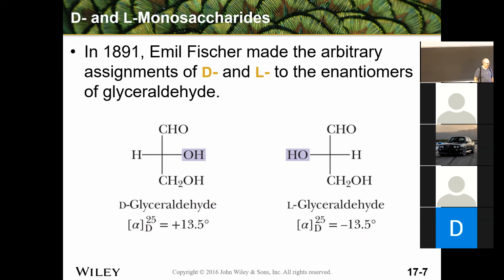In 1891, Emil Fischer made the arbitrary assignments of D and L to the enantiomers of glyceraldehyde. He assumed that this configuration was the D, and it turns out he guessed correctly, and this is the L. The optical rotation is the same number of degrees, but in opposite directions.